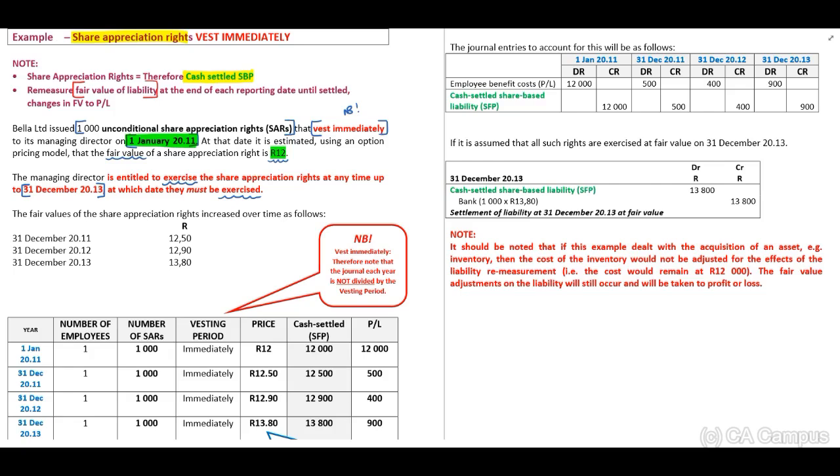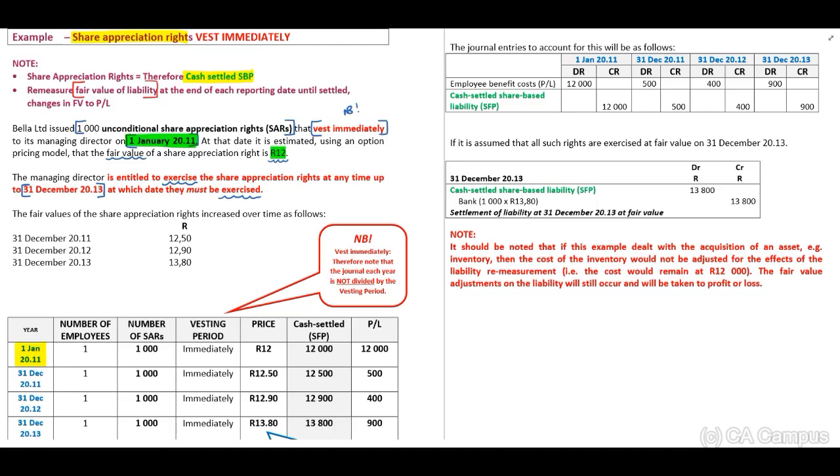Now, your first step when you need to prepare journal entries, you need to include your table. Now, what you need to identify, we have included a line for 1 January 2011, which is not the beginning, guys, but the date that they entered into the agreement.